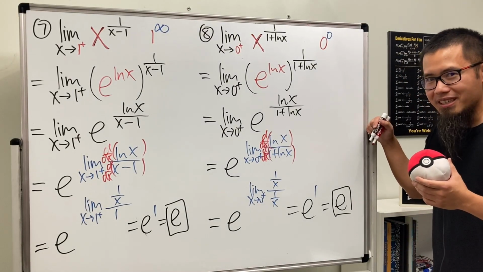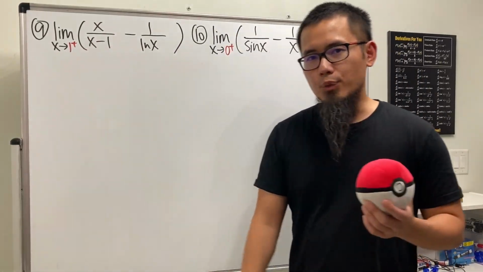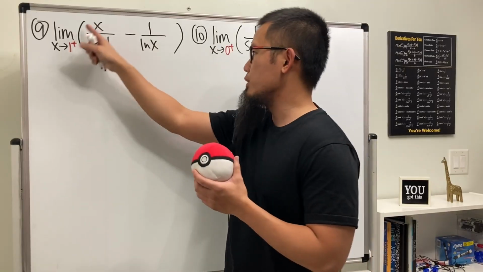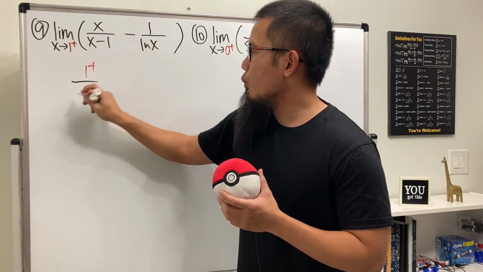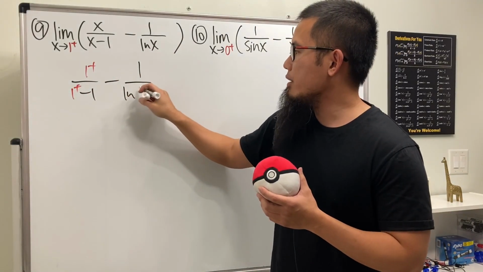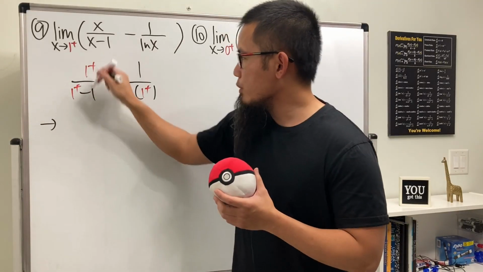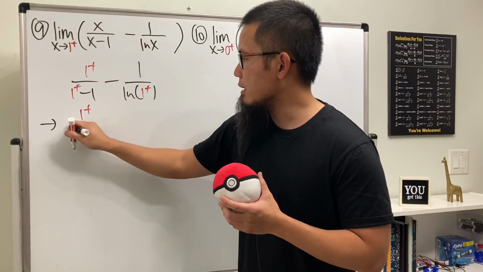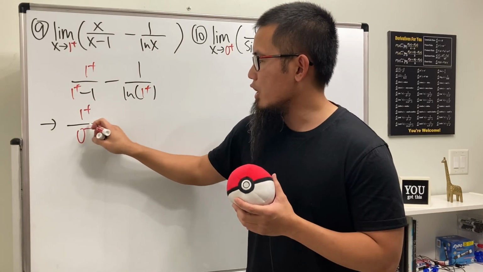Yeah, crazy, huh? For number 9, we have the limit as x approaches 1 plus. So we know the deal. Go ahead and plug in 1 plus into all the x's. We get 1 plus over 1 plus minus 1, and then minus 1 over ln of 1 plus. So this goes to 1 plus, and on the bottom, 1 minus 1 is 0, but this is bigger, so it's technically a little bit bigger than 0.